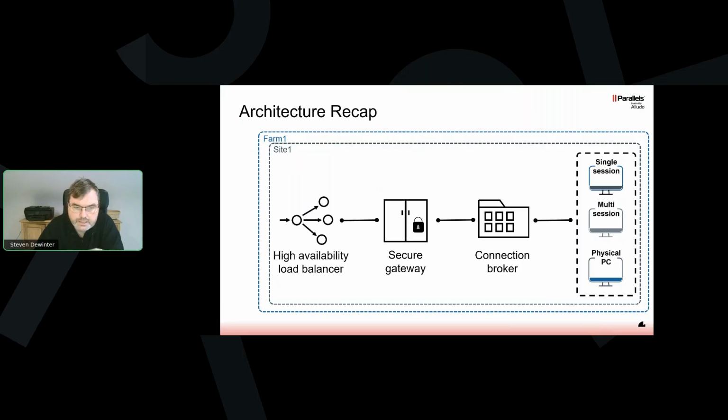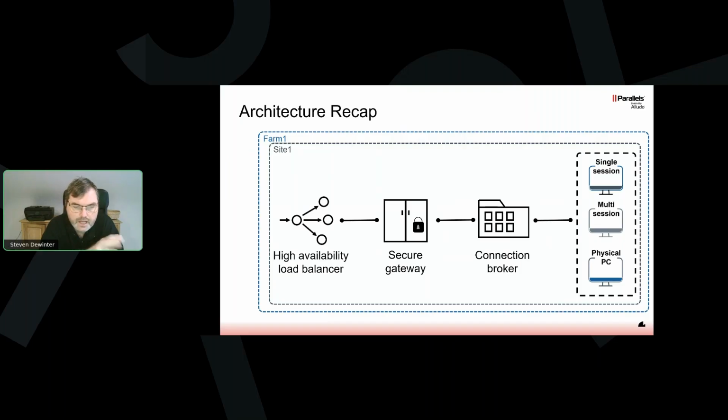Besides the secure gateways, you can scale them out, as we will see later in today's session. You can have multiple secure gateways for scalability purposes. If you need to make your secure gateways highly available, we have a component called the HALB, or the high available load balancer. That's a component from Parallels that you can put in front of your gateways to make them highly available.